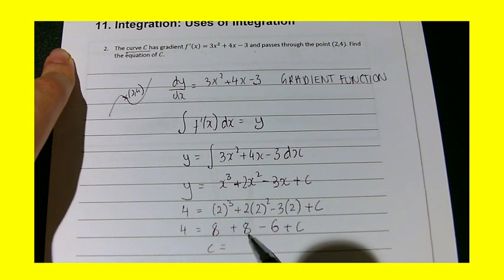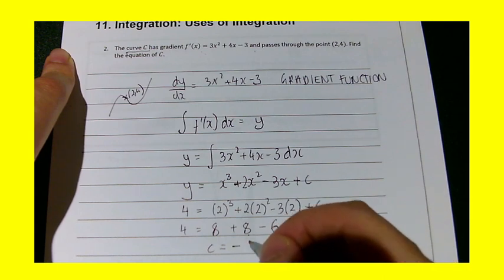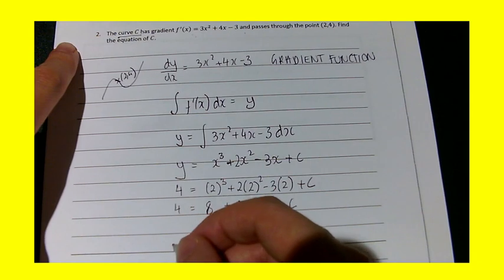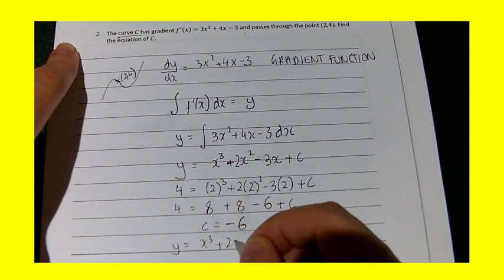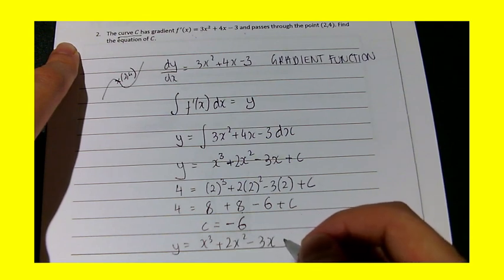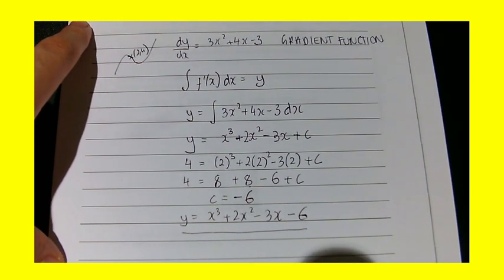So you get 8 plus 8, which is 16, minus 6, which is 10. 10 plus something that's giving me 4, c is equal to minus 6. And therefore, the final equation of the quadratic is as follows. And that is a particular solution using integration.